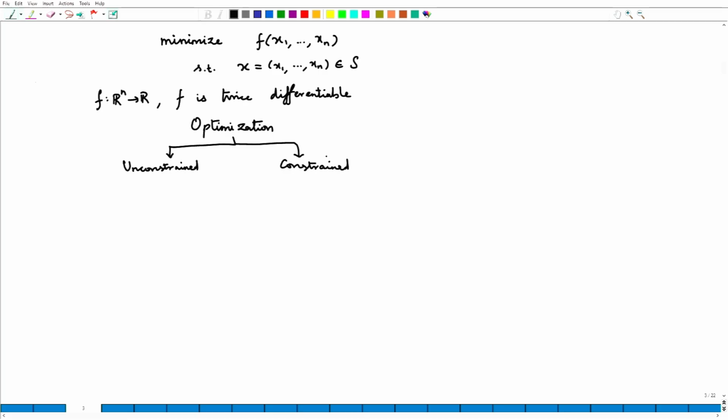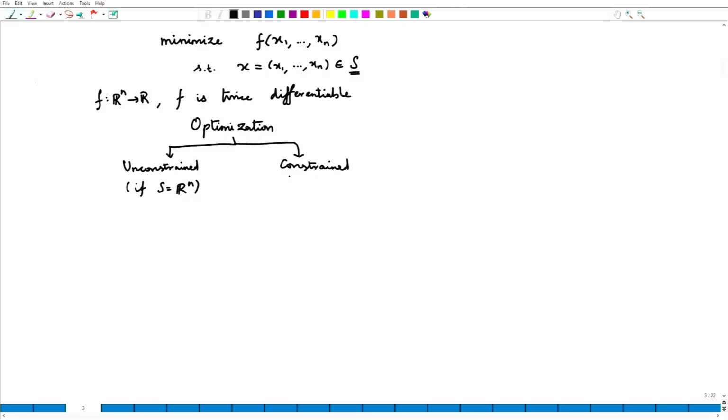To explain mathematically what is the difference: we call the problem unconstrained if S is actually equal to R n. So, this set what we have defined here, we want the set of x1 to xn to belong to some set. If the set is actually R n, that is, x1 can take any real value, x2 can take any real value, up to xn can take any real value, then I call such an optimization problem unconstrained.